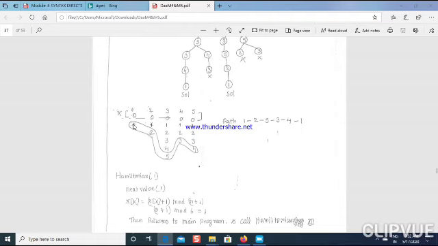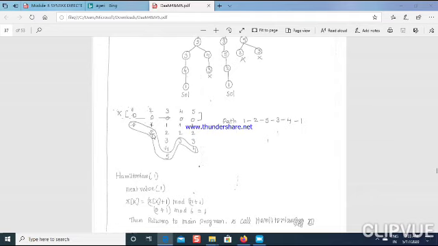There should be a path from the previous vertex to the current vertex. That is one condition. The other condition is that the current vertex you are considering in the Hamiltonian cycle should be distinct from the previously selected vertices, an unvisited vertex. So these are the conditions that have to be satisfied.